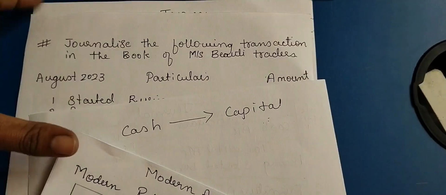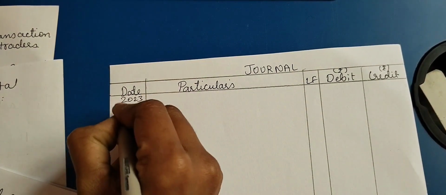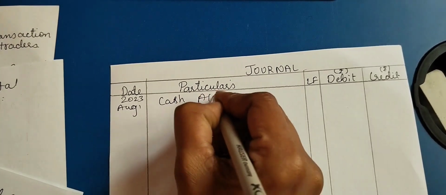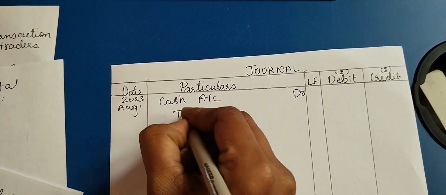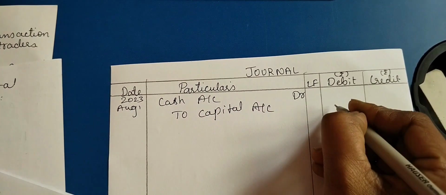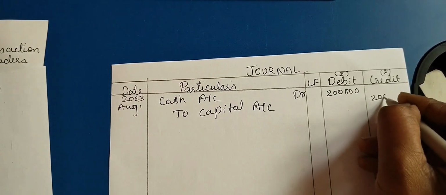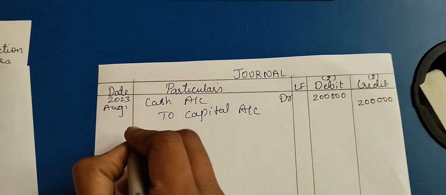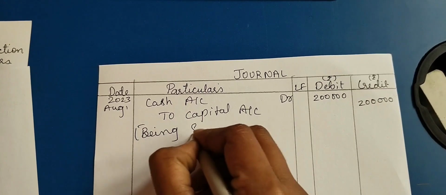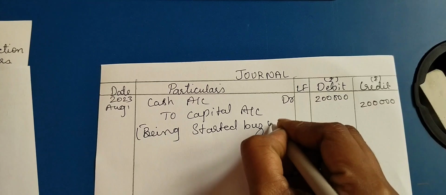So the entry is: 2023 August 1st, cash account debit, to capital account. Capital account amount is 2 lakh, and the narration always starts with 'being': being started business with cash.